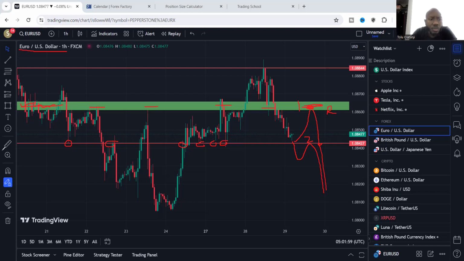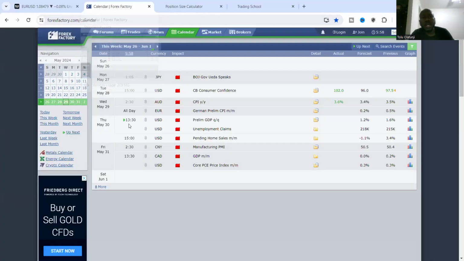But then don't forget to always check the calendar. We should have done that at the very beginning. But if you already know, the calendar is very key. And for this calendar, if you look very well, you'll notice that today being May 29th, we only have the Australian dollar, which we had the outcome already occur. That was 2:30 a.m. UK time.